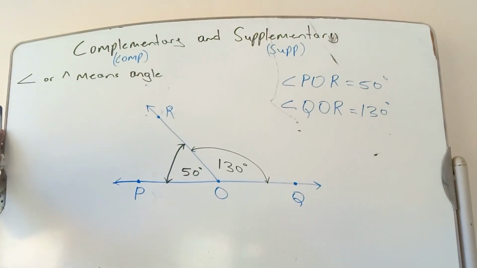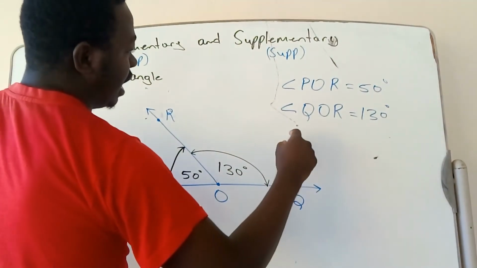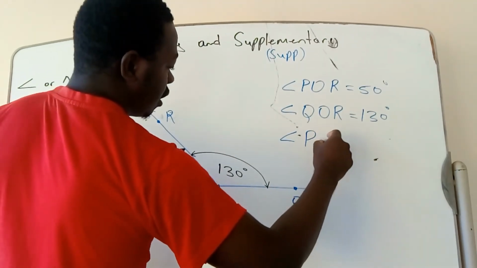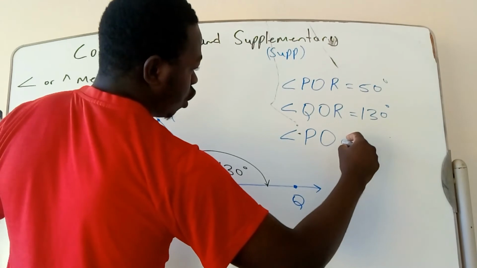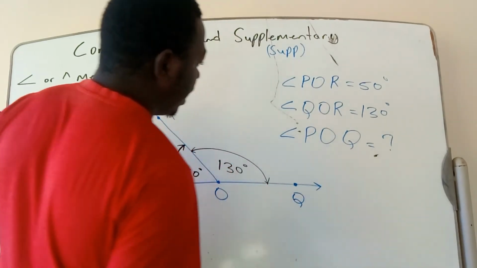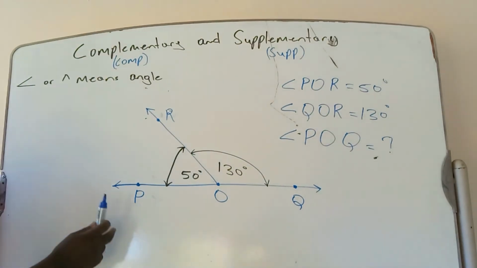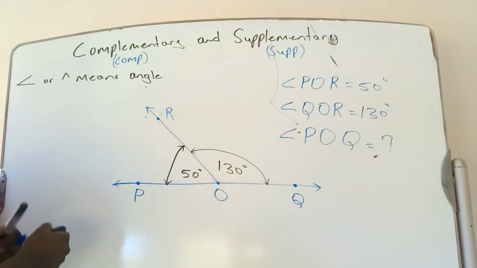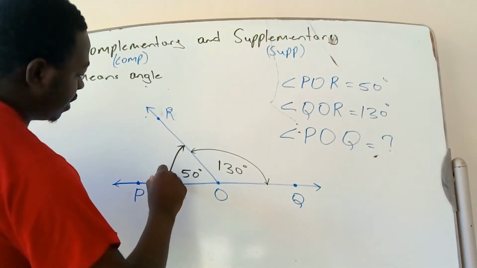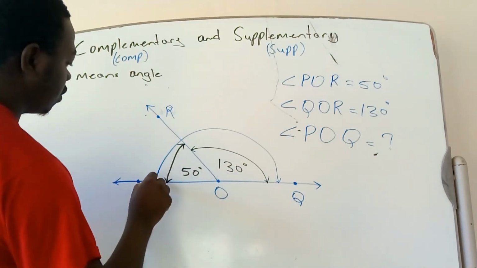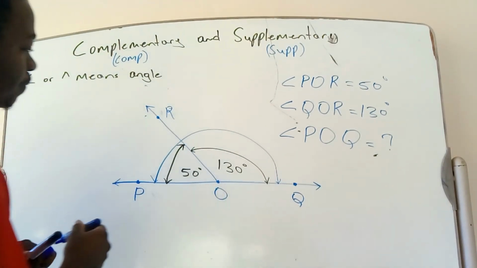And let's say that somebody asks you to calculate the value of angle POQ. That's this angle here, angle POQ. And let me just highlight that with the blue marker, this entire angle here. They ask you to calculate that.